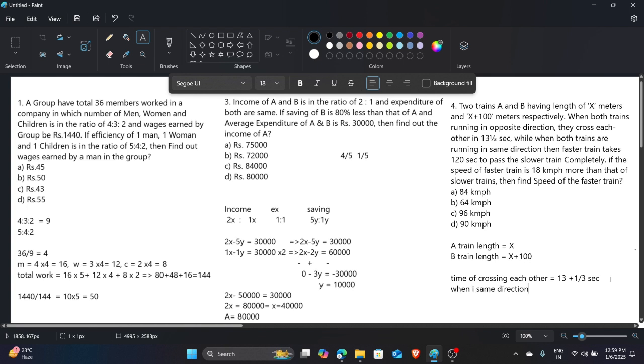So when they are in the same direction, it takes 120 seconds for the faster train to overtake the slower train, to pass the slower train.